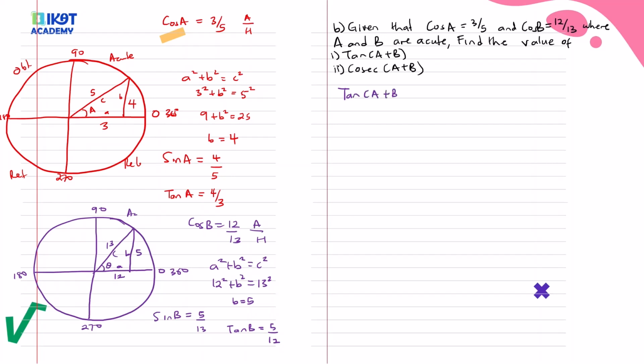Now solving, this is just quoting the formulas. So this will be tan A plus tan B out of 1 minus tan A tan B. So we just substitute here.